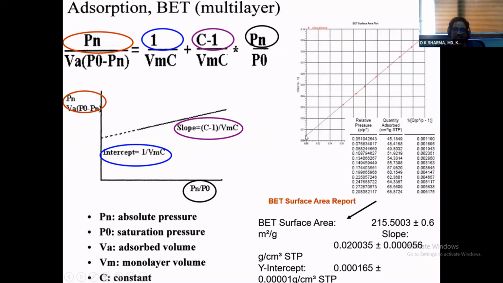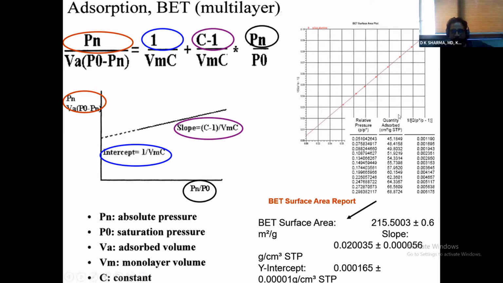Negative C is not physically possible. If it is coming in your results, it's for a different reason. And we'll talk about those reasons, because I've seen many people not quite understanding it when they are seeing those results.